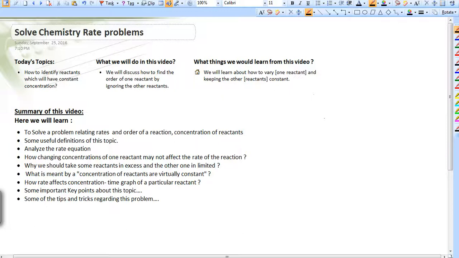We will also see what is meant by the concentration of reactants being virtually constant, how rate affects the concentration-time graph of a particular reactant, some important key points, and some tips and tricks regarding this problem.